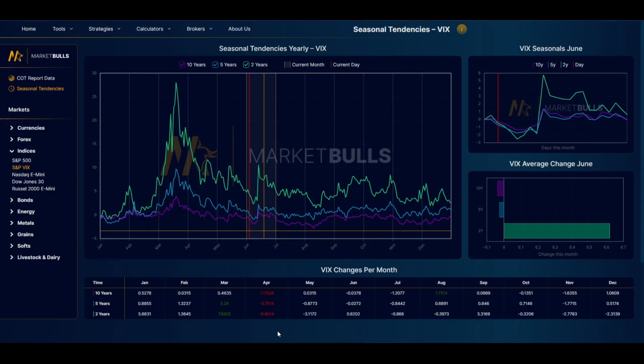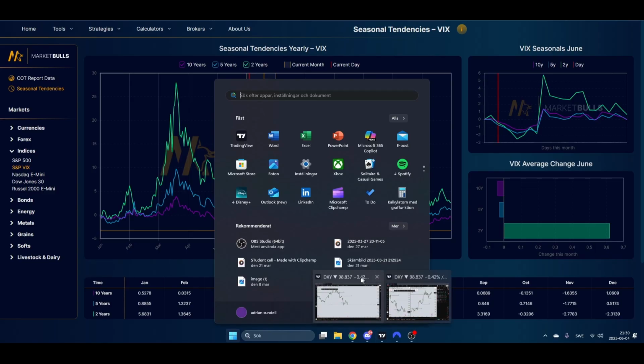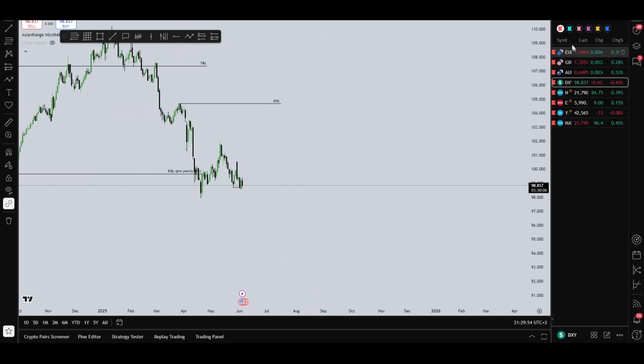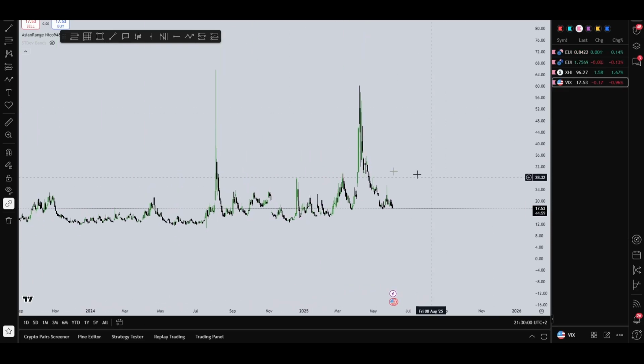This is only for indices, by the way. So instead, as I knew the wicks would spike up thanks to it seasonally doing so, I specified I looked at the wicks, and as you all know, that's one of the things I use the most to predict higher markets, right?